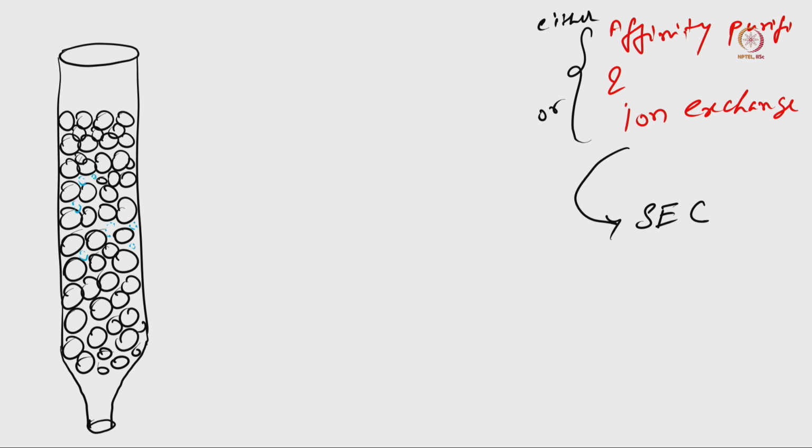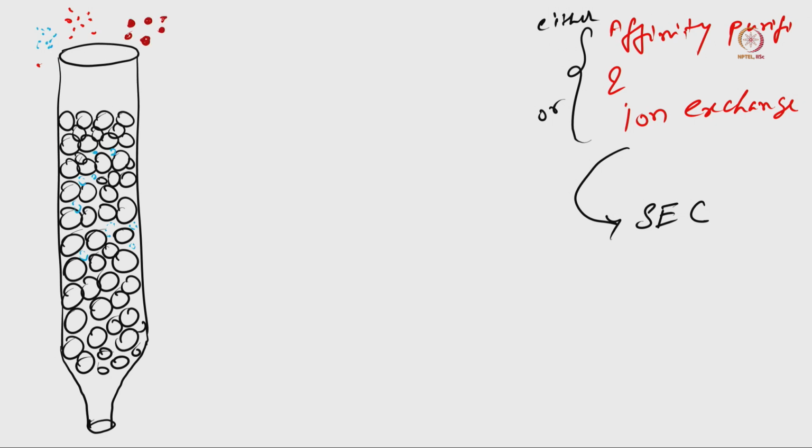If we have a mixture of proteins, we have some protein like this, and then some protein like this. So, these are different types of proteins in a mixture, in one solution, and then we have another protein which is a little bit bigger like that.